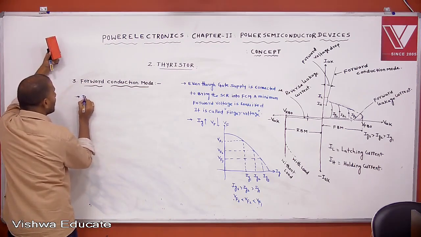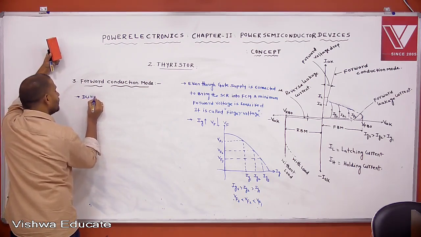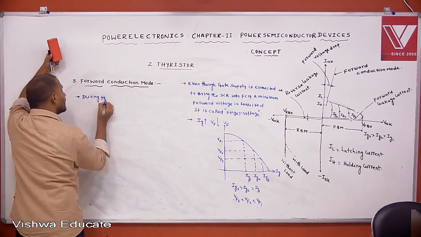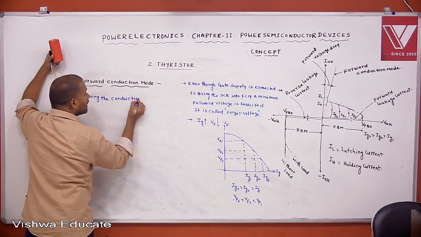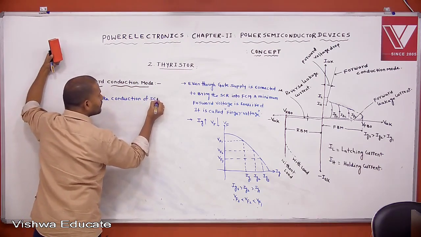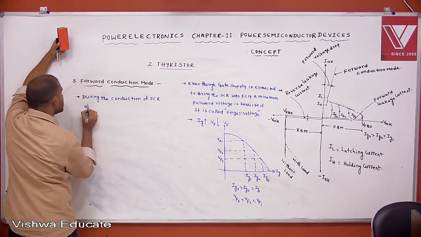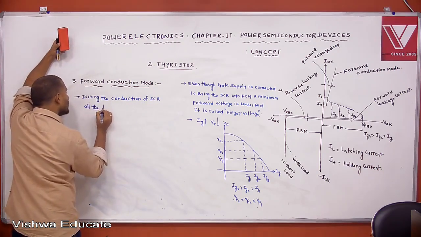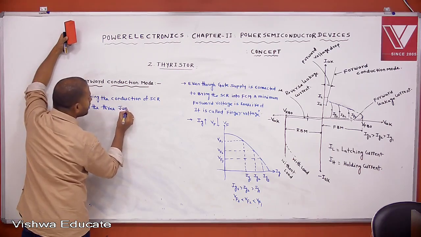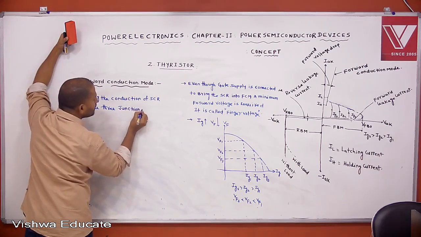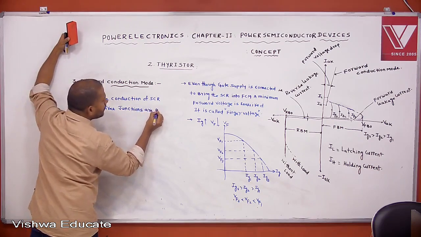Important point already framed earlier: all the three junctions are forward biased.